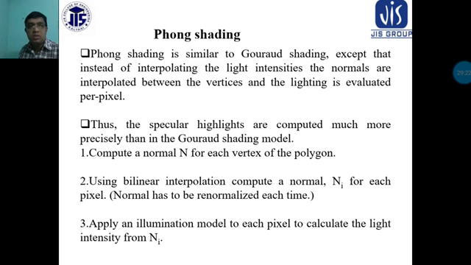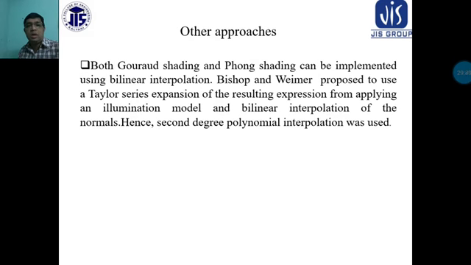Using bilinear interpolation, the computed normal ni for each pixel has to be renormalized each time. Then apply an illumination model to each pixel to calculate the light intensity from ni.